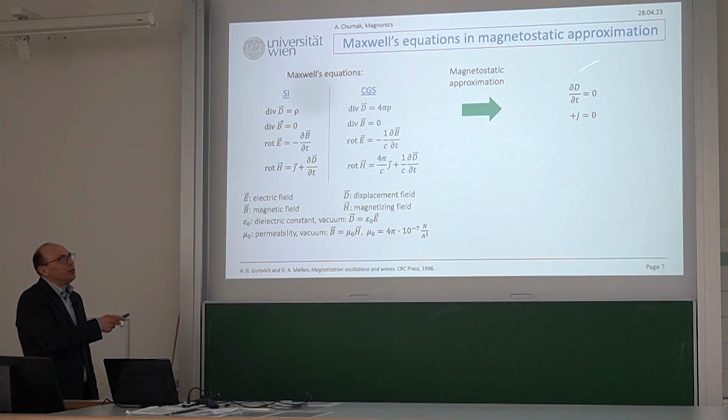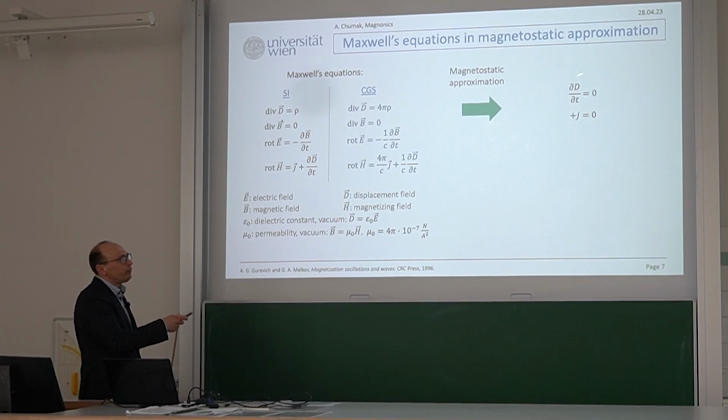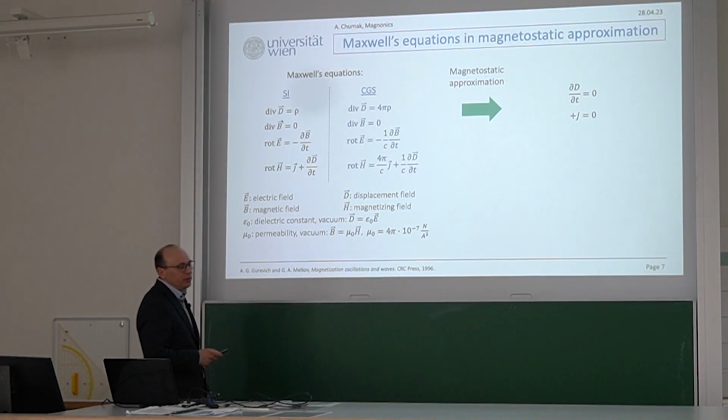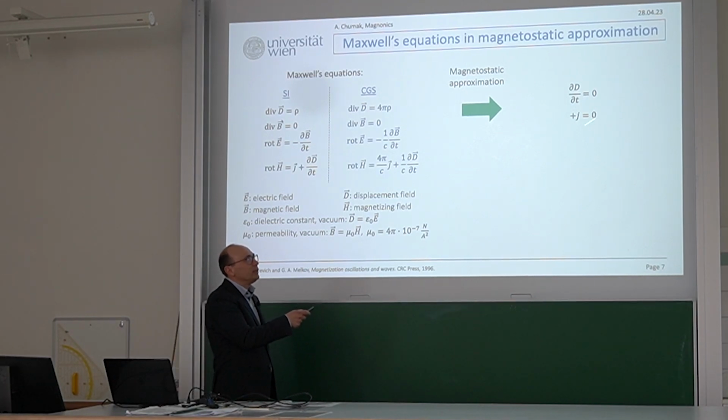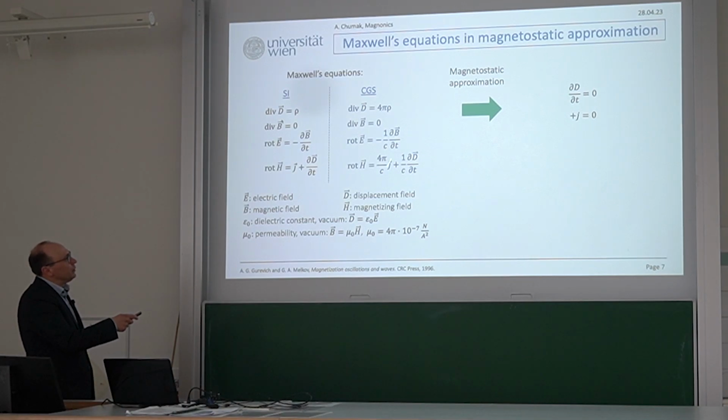That's why this variation can be taken as 0. Moreover, in practical cases, for example yttrium iron garnet, it's an insulator, you cannot send current through it, therefore you can say that the current is equal to 0, like it's shown here.